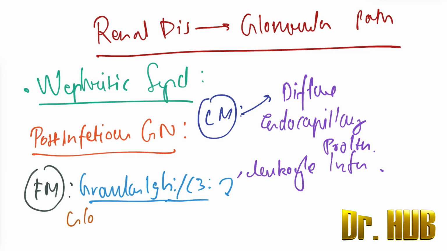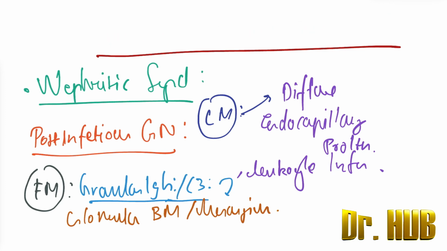They are present in the glomerular basement membrane and also the mesangium. In the fluorescent microscopy, it also includes granular IgA, and these are present in some cases.